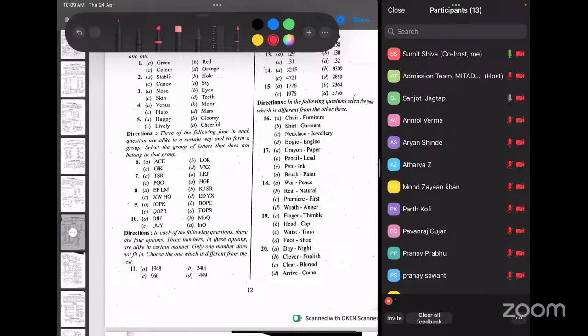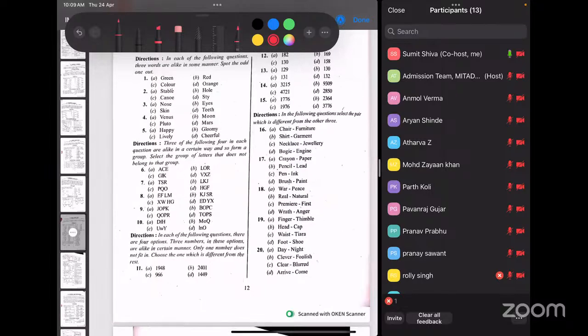Option D, why? Because L is small. Yes, sir. In the rest of them, the first letter is in capital. Okay, option D.